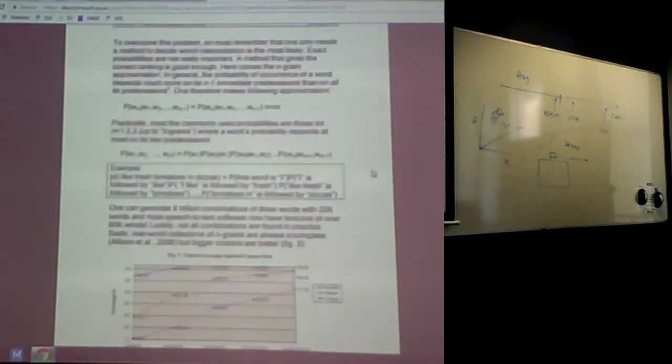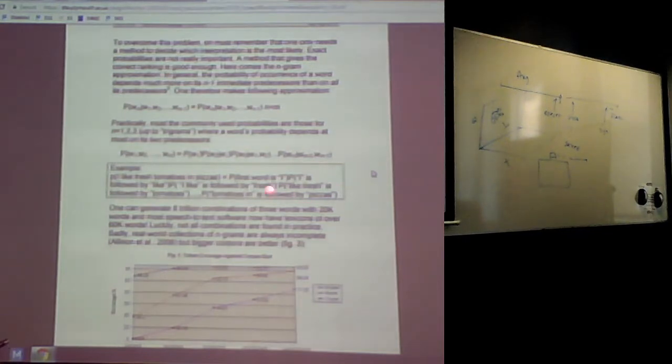So now, what's the problem? The probability of a sequence of lots of words is a product of the probability of the first word, then times the probability of the second word following this first one, and after that, the probability of the third word following the first and the second, the fourth word following the third and the second, and so on.